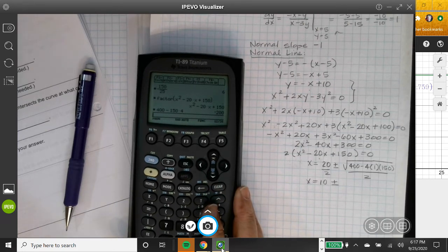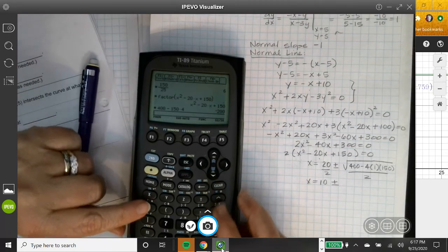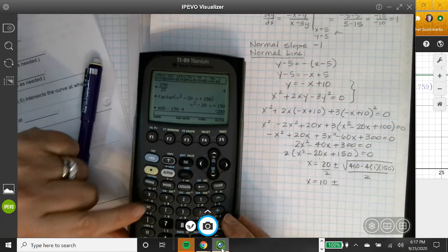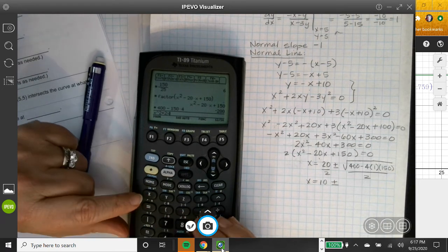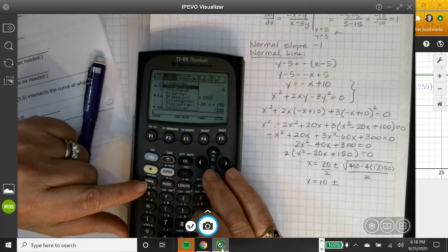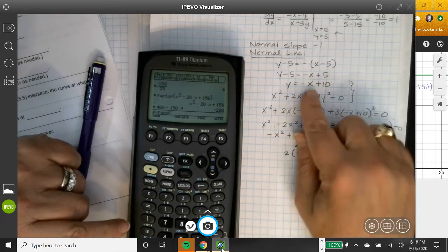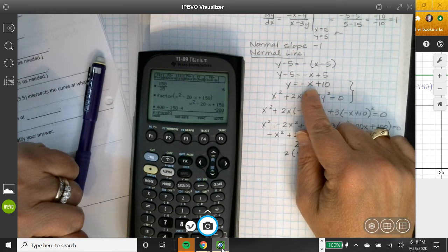I have the right equation, right? 3y squared. All right, so here we go. X squared plus 2x. I want to expand this, right? Here we go, F2 expand. And I did this right?